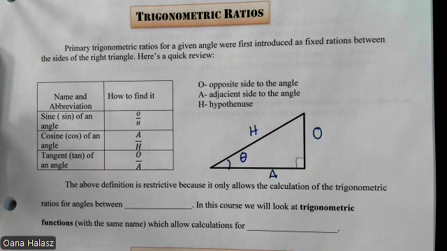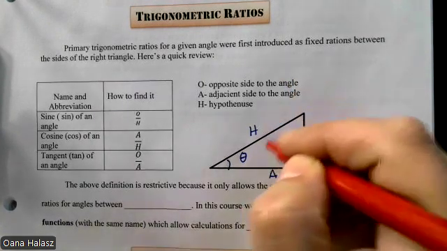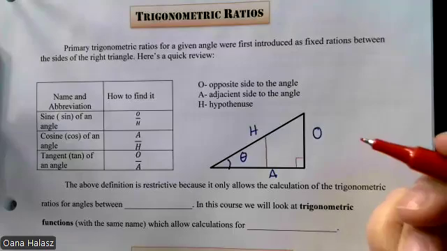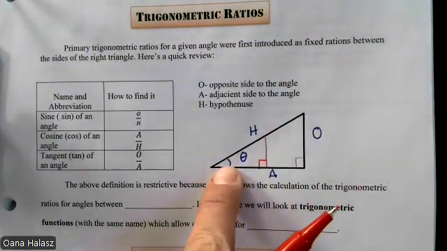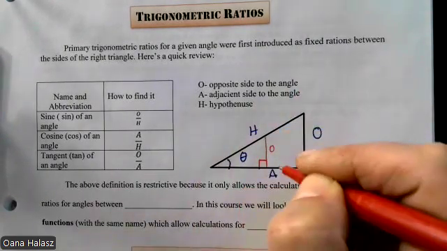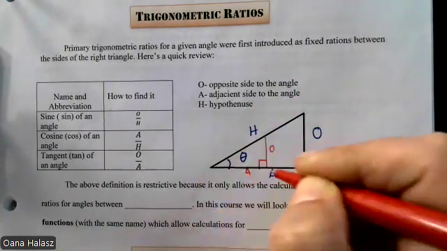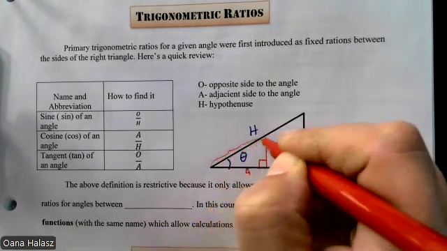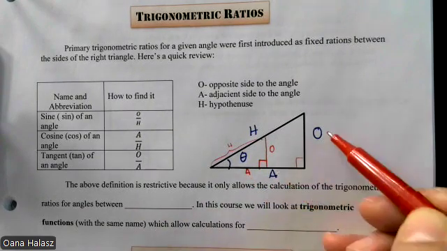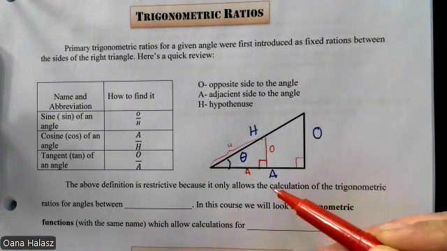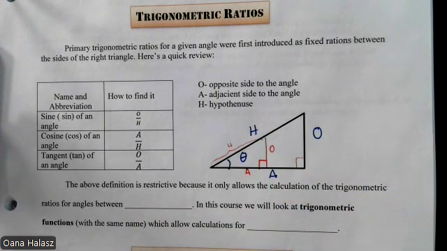So if I extend or make a shorter triangle like this that has, again, the same right angle there and the same corner angle here, and now this is the tinier opposite side, this is the tinier adjacent side, and this is a tinier hypotenuse, the ratio between O and A will be the same as the ratio between this O and this A of the bigger triangle. So it doesn't really matter how big the triangle is. If we're talking about the same angle, the ratios of those sides stay constant.